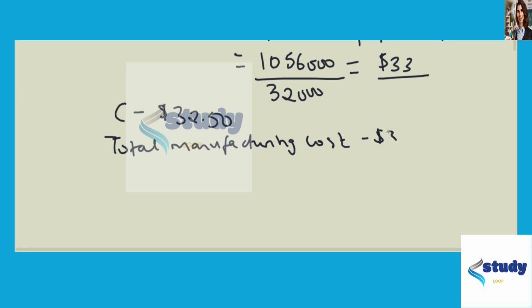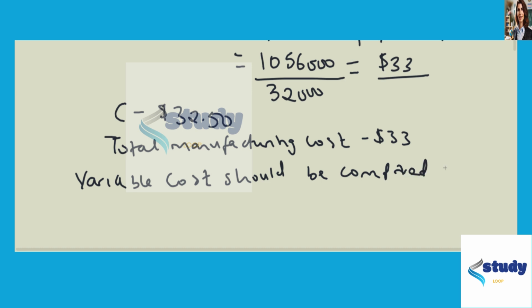So the variable cost should be compared with the buying cost, not the total cost.